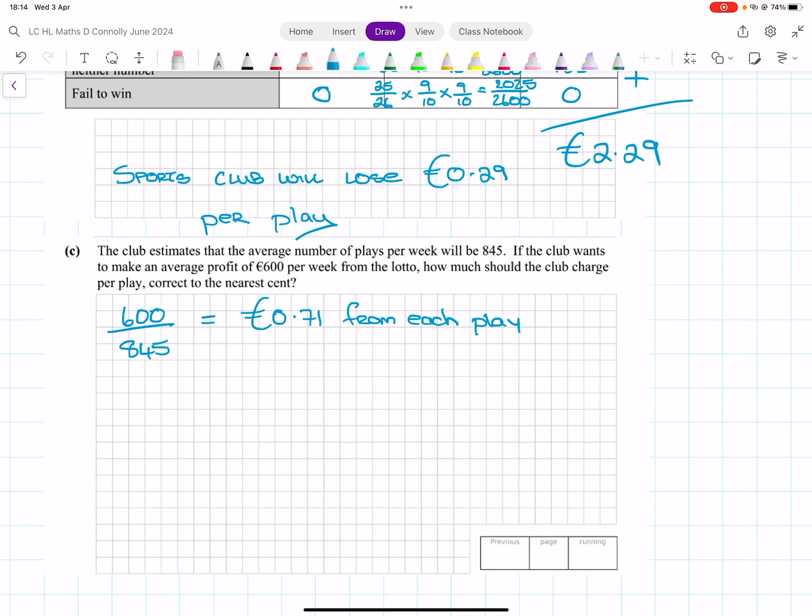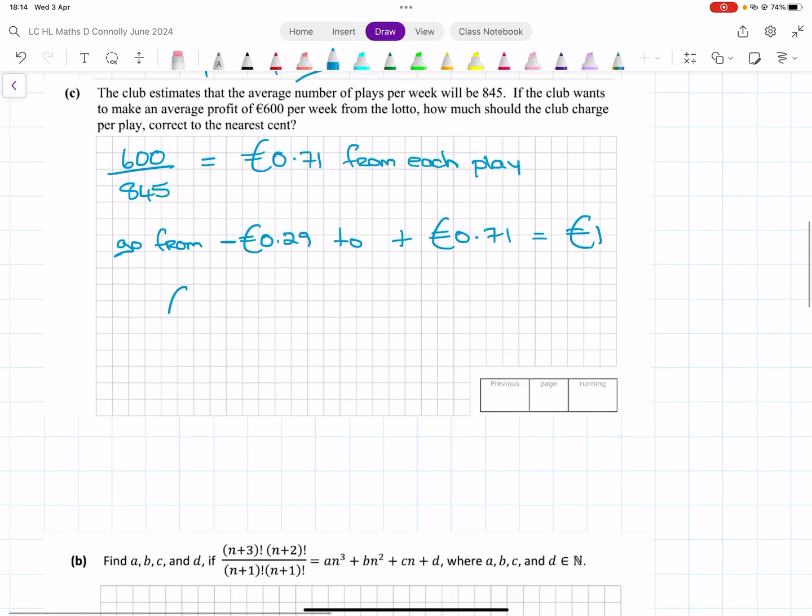So they have to go from losing 29 cent to gaining 71 cent. So 71 minus 29. Oh, so that's a euro. So instead of charging €2, they have to charge €3 per play.